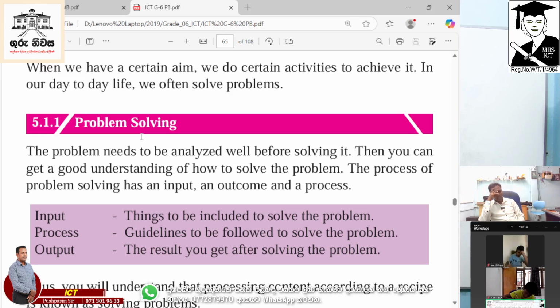We divide it into input, process, output.